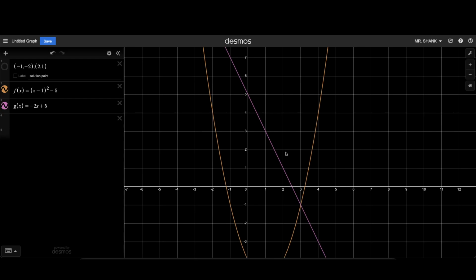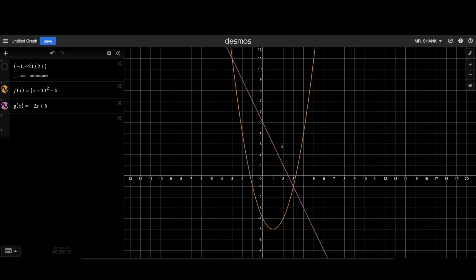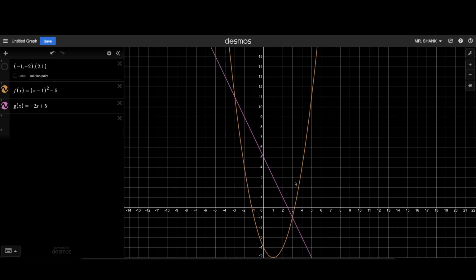You're going to be able to adjust your window. I have a couple functions here, and so what I can do is scroll up, find your points, and at these 2 points is where my functions intersect. Let me highlight these this time.